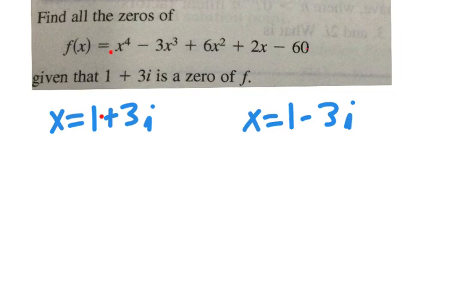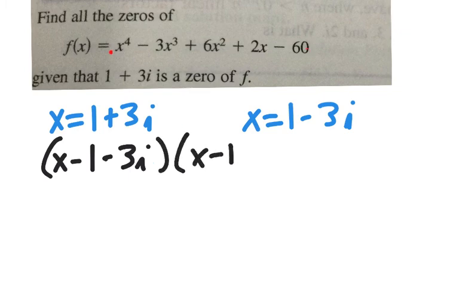Now I'm going to work backwards with these two and find a lower valued polynomial that I know is a factor. So I've got x minus 1 minus 3i equals 0. And I'm going to multiply that by x minus 1 plus 3i equals 0. Then we're going to distribute.